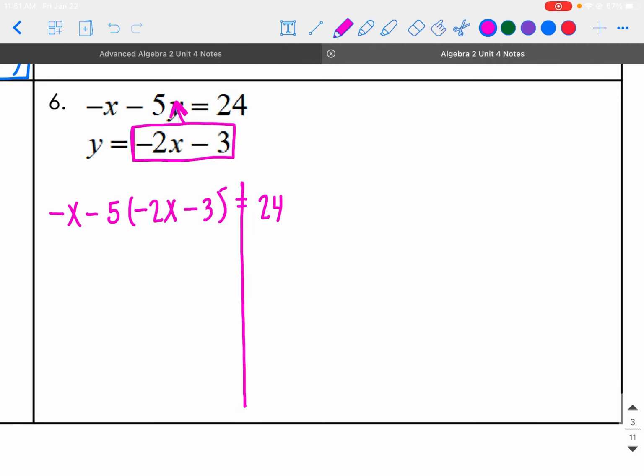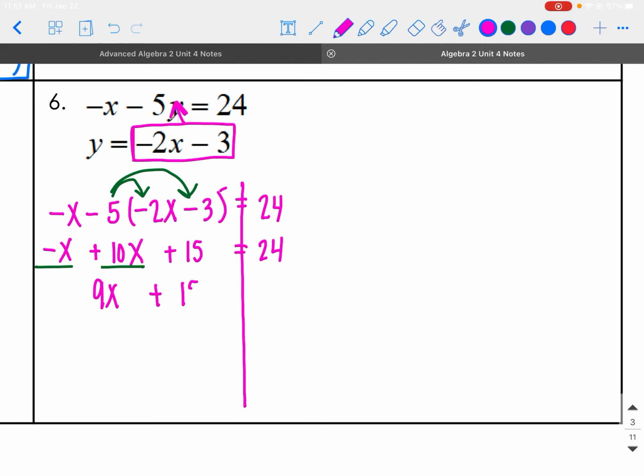Then when I solve, I get negative x. Distributing gives me plus 10x plus 15 equals 24. Then when I combine my like terms, we get 9x plus 15 equals 24.